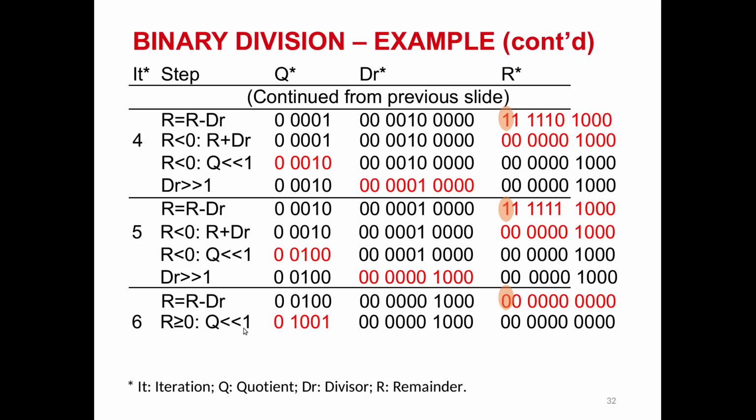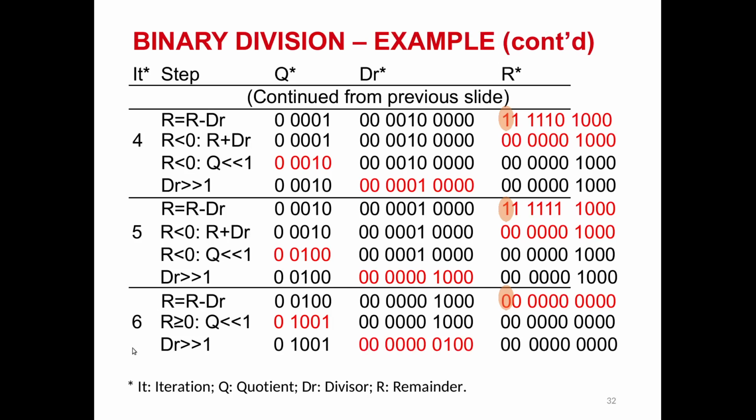Instead we will shift Q 1 bit to the left with value 1 pushed into the right, and so the value of Q changes to 0 1 0 0 1, because this is a newly added 1 pushed to the right of Q, and then DR shifts 1 bit to the right, changing to 0 0 0 0 0 0 0 1 0 0.